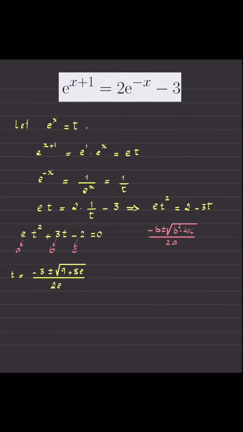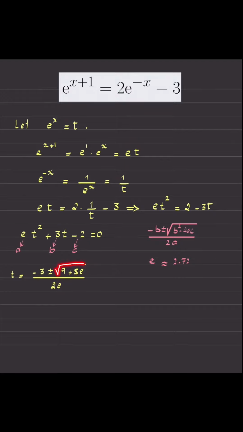Okay, but these are not numbers that we can calculate in our heads, but we know something about e. We know the Euler number e is approximately equal to 2.72 if I want to keep 2 decimal places. Definitely it's a positive number. Do I have problems with this square root? No, because 8e is positive, 9 is positive, so 9 plus 8e is positive.